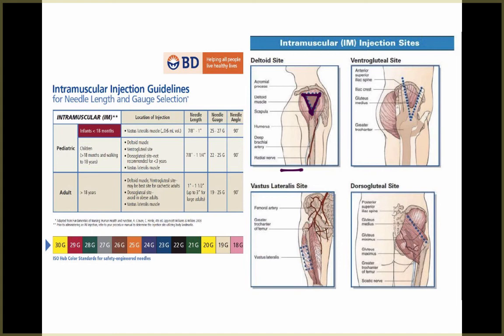The next one we're going to look at is the ventrogluteal site. You can see they're making this V hand shape towards your hip, giving an idea where the anterior superior iliac spine is located, and roughly in that area is where they're going to do the injection.